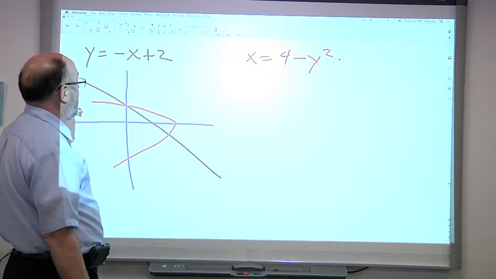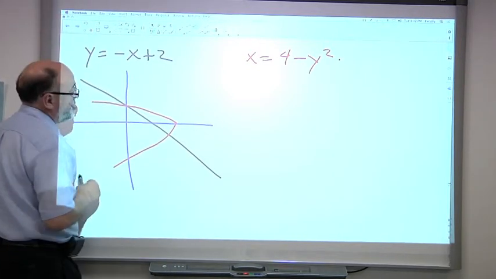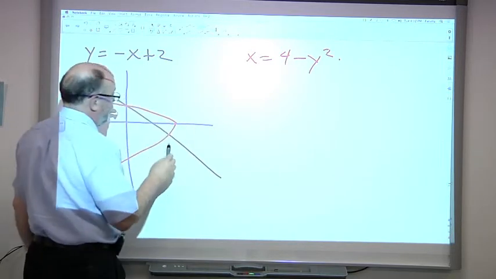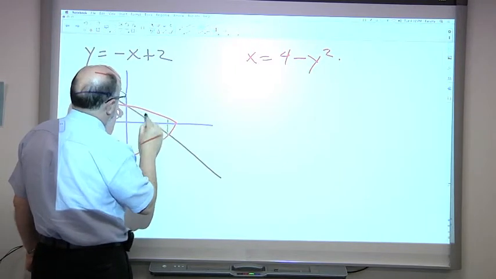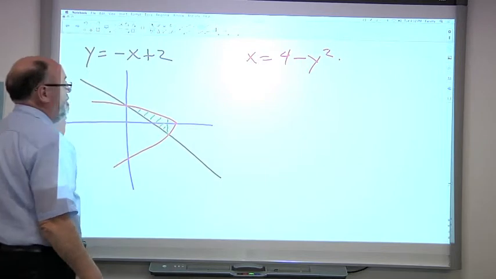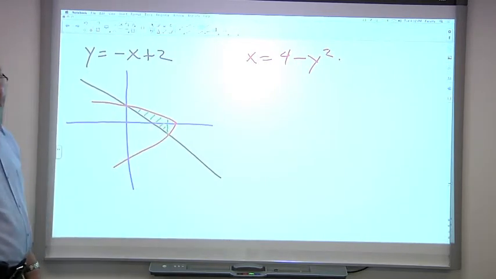But now in this case, if I integrate with respect to x, I would only get that area there, okay? I'm missing part of the area, right?